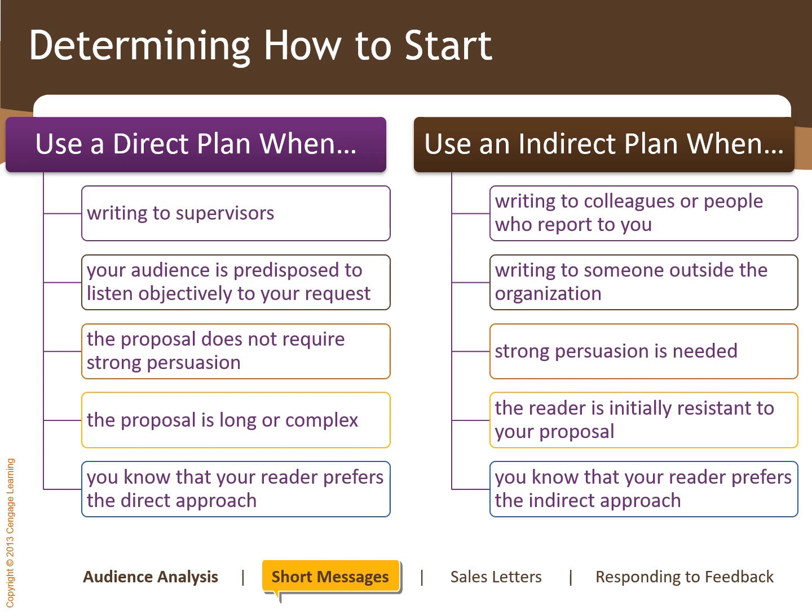So when I know that there's a 99% chance that the person I'm writing to is going to say no, and he or she needs a lot of convincing, and is very likely to resist that proposal, then you begin with the convincing points first, and then you present your actual request.